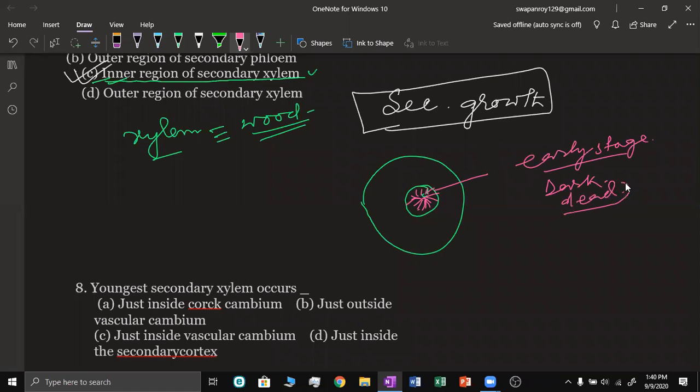They become dark and different chemicals are secreted. So this is usually dark in color and very hard. They have thick cell walls.